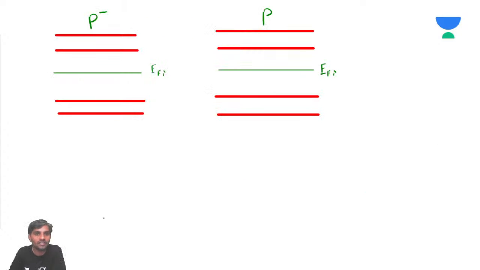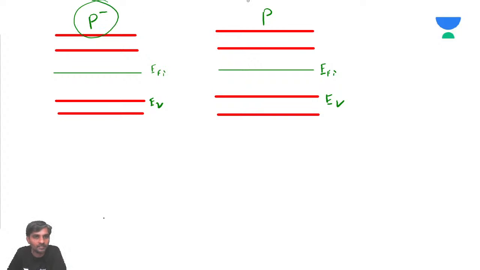Generally, if the doping concentration is high, what happens? The new Fermi level in the P region will move very close to EV. Yes or no?